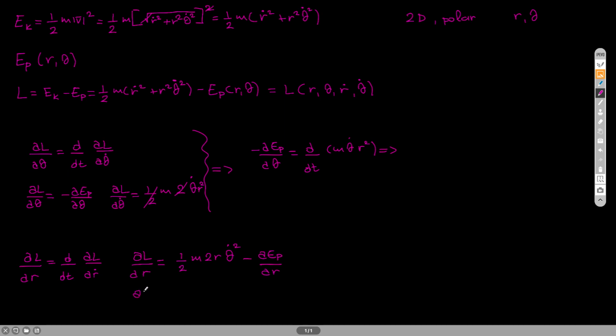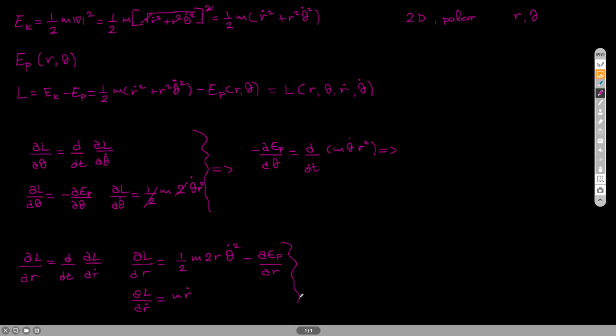Similarly, I will do the partial of L with respect to r dot. The only r dot is in the kinetic term, so this will be 1/2 m 2r dot, so m r dot.